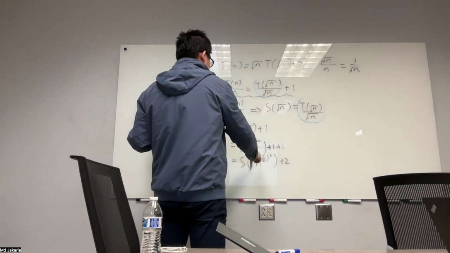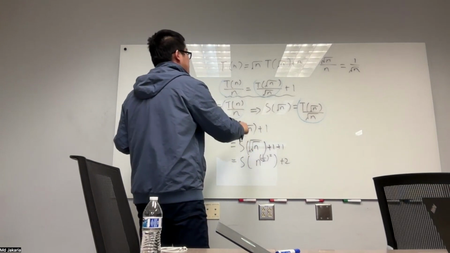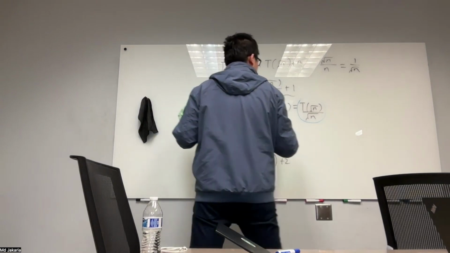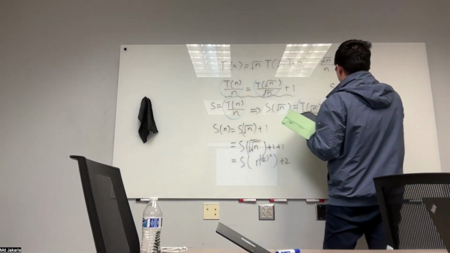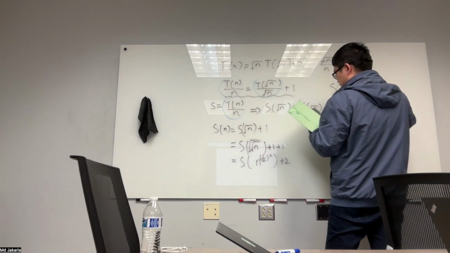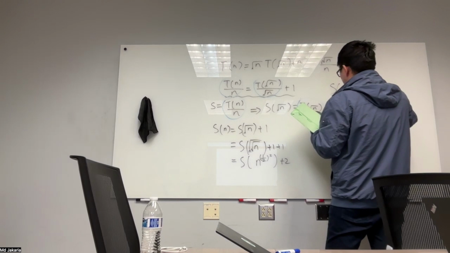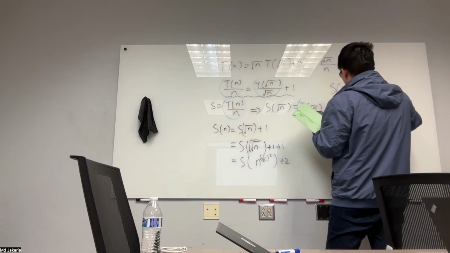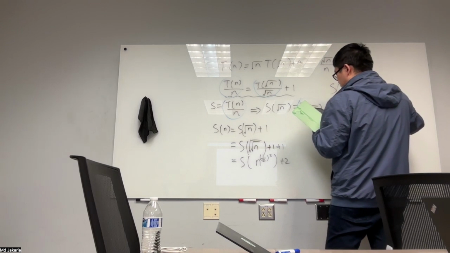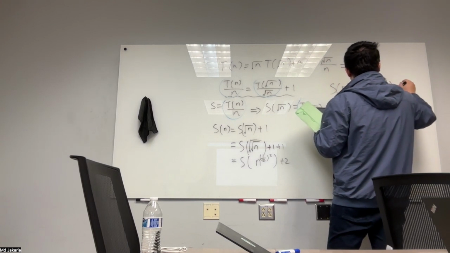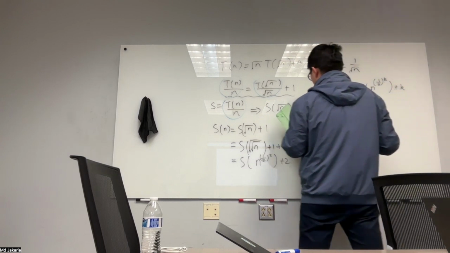And if we continue this trend, which, for the record, is much easier than part A or B if you ask me, that gives us, if you expand this K times, S of n to the 1/2^k, plus k, right?